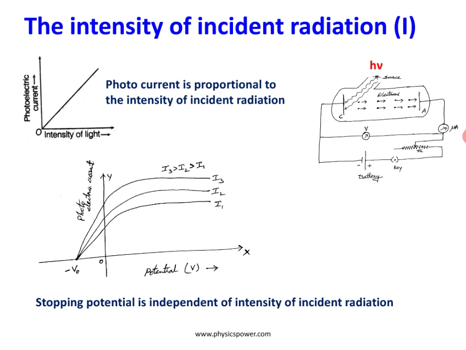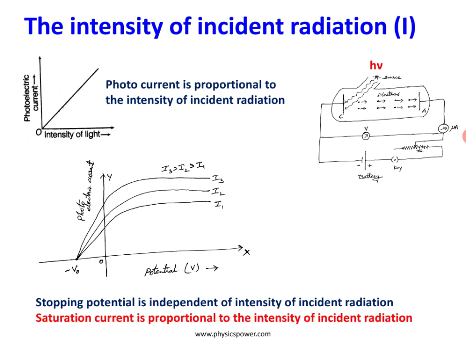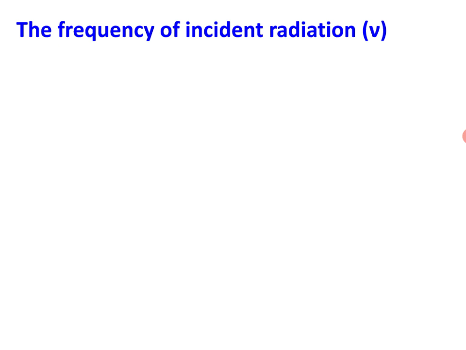One more point we mention about saturation current: the saturation current is proportional to the intensity of incident radiation. Next factor is frequency. If you increase the frequency of incident radiation, what will happen? Let us see. On the x-axis consider frequency, on the y-axis stopping potential.